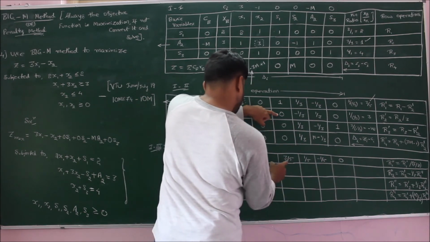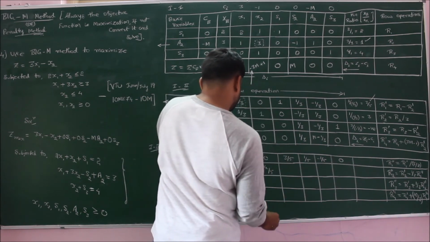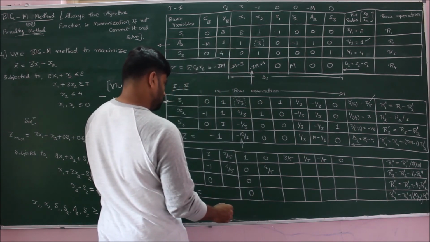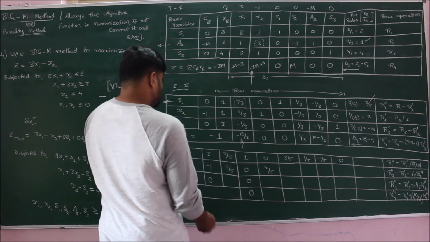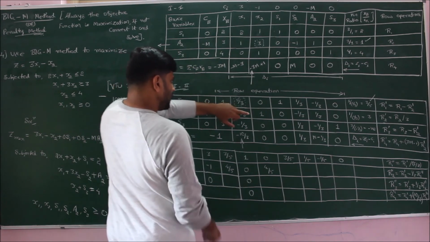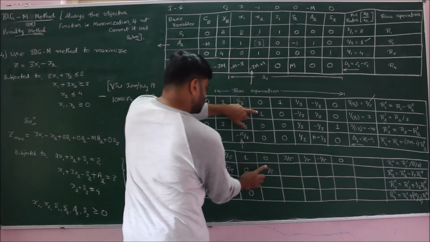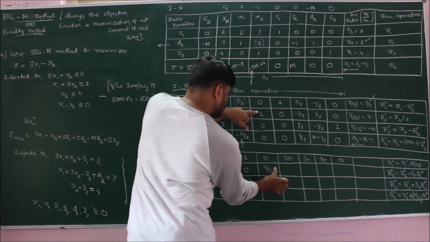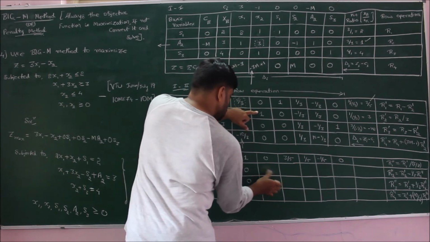Here we have 0, but here we have 1, but here we have 0, so therefore it should become 1 because key row element is 0.